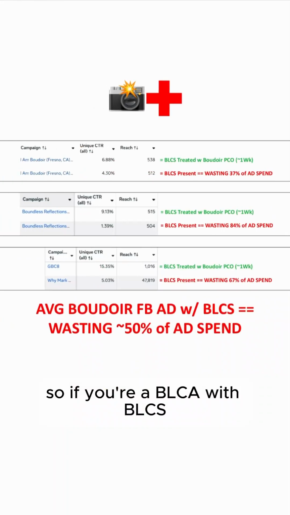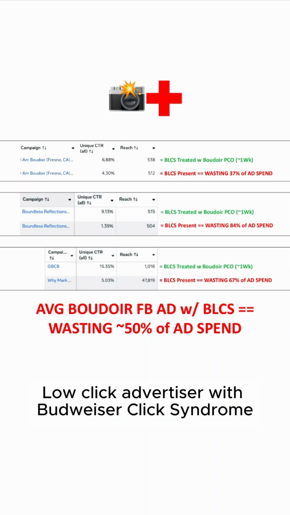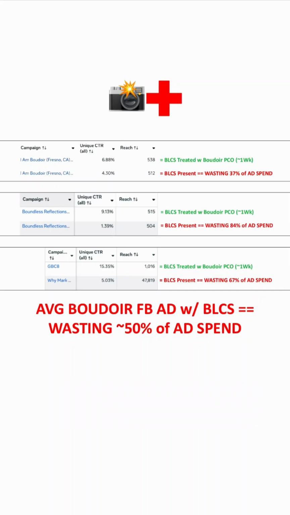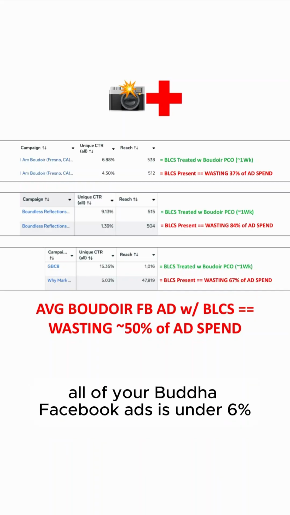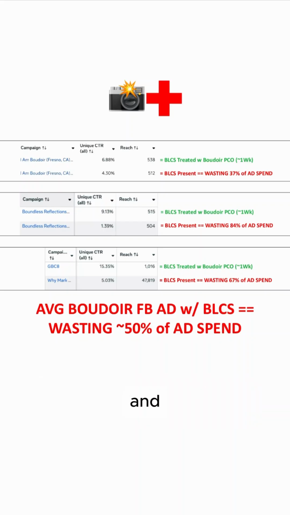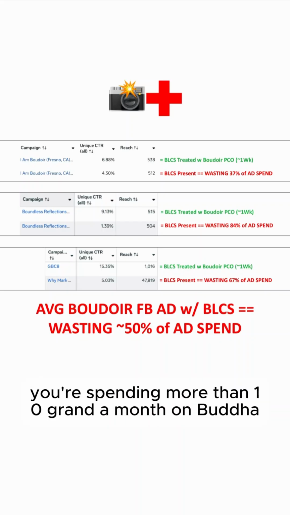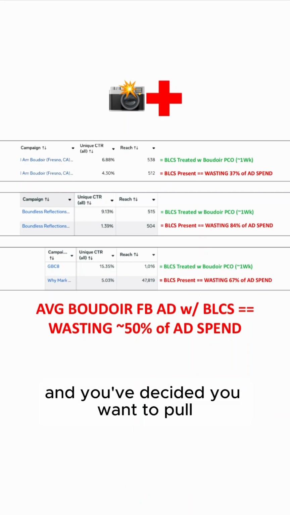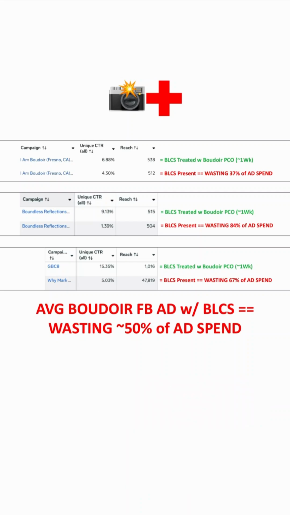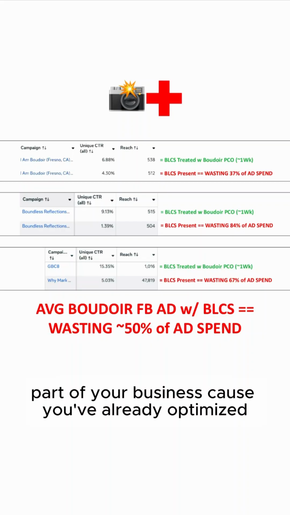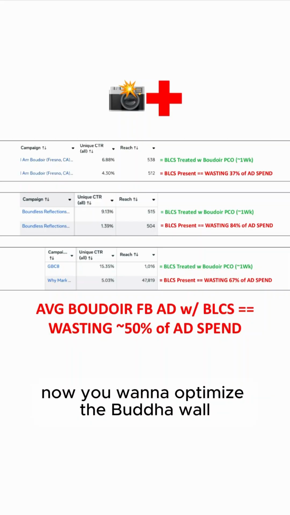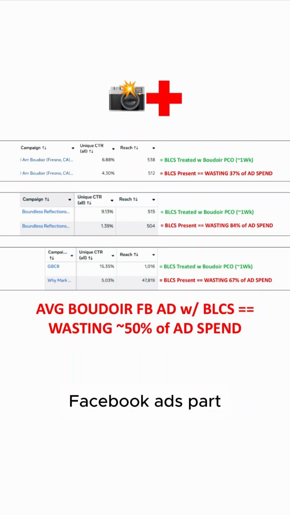So, if you're a BLCA with BLCS, a Boudoir low click advertiser with Boudoir low click syndrome, your unique CTRL of your Boudoir Facebook ads is under 6%, and you're spending more than 10 grand a month on Boudoir Facebook ads, and you decide you want to pull more profit out of the Facebook ads part of your business, because you've already optimized other parts of your business, now you want to optimize the Boudoir Facebook ads part.